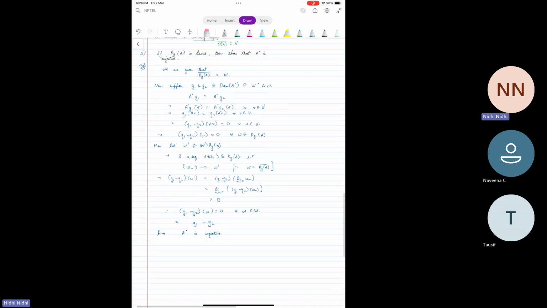I hope this proof was fine. We also have this result conversely. That means if A star is injective, in that case range of A is dense in W.